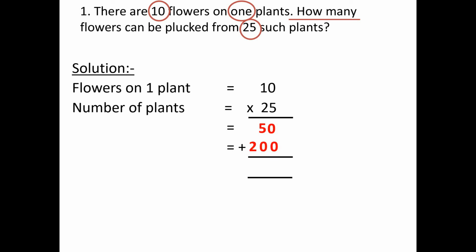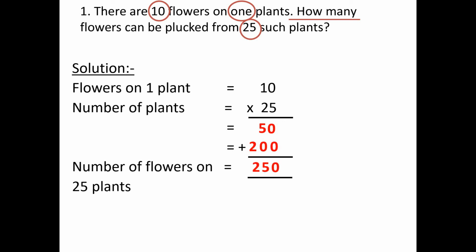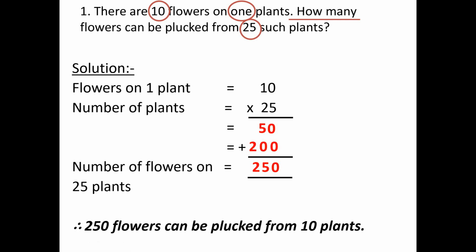So now let's add 0 plus 0, 0, 5 plus 0, 5 and 2. So number of flowers on 25 plants will be 250. How we got it is by multiplying 10 into 25. So 250 flowers can be plucked from 25 plants.